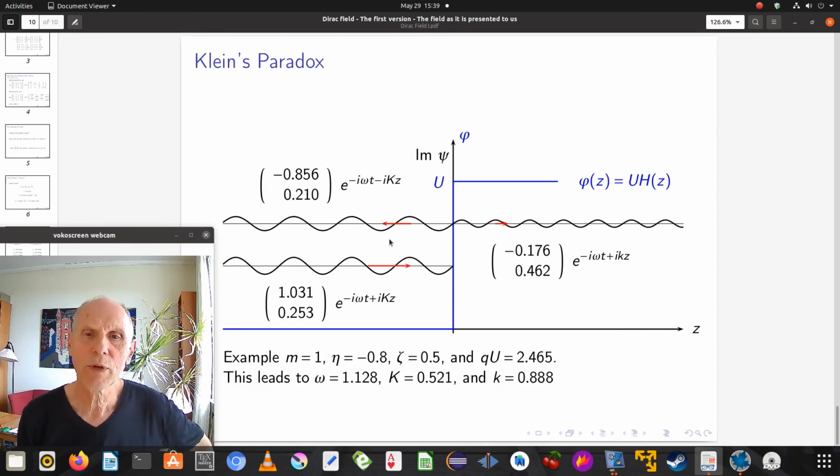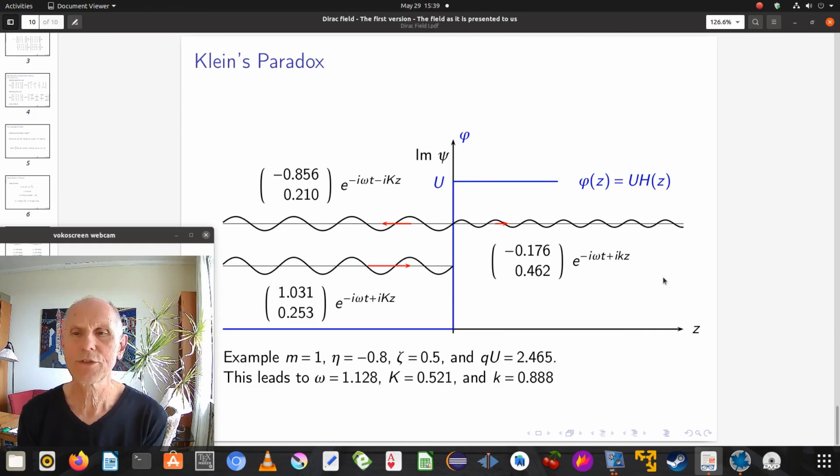We have an incoming wave, a reflected wave, and an outgoing wave here. That's actually more easy to understand. It appears that only about 2/3 of the wave is reflected. The last third continues within the potential.